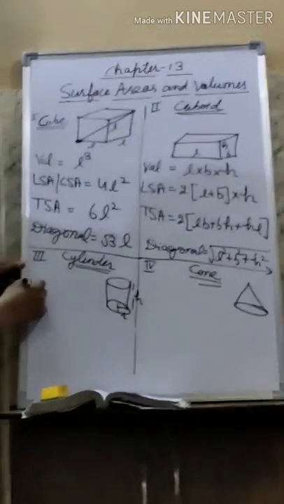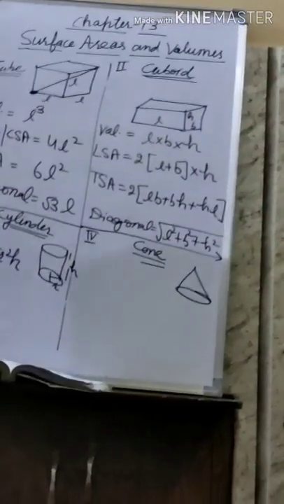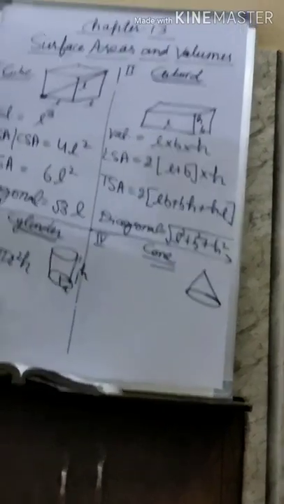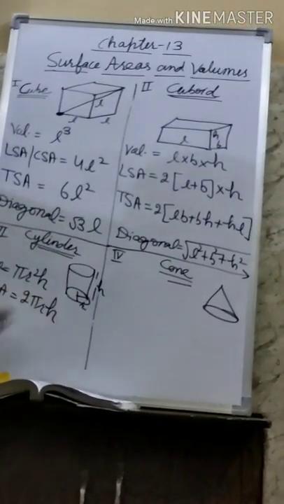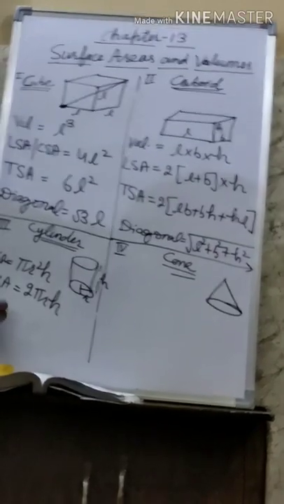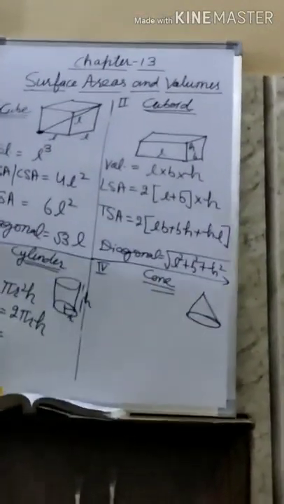So now, what is volume? The volume of the cylinder is pi r square h. CSA means curved surface area of cylinder. It is 2 pi r h. So now TSA means total surface area, curved and area of both ends.